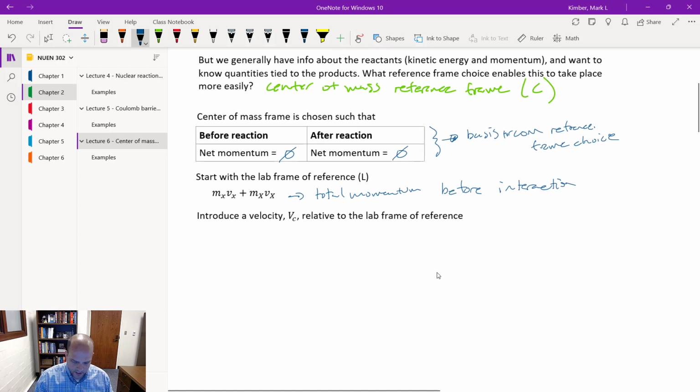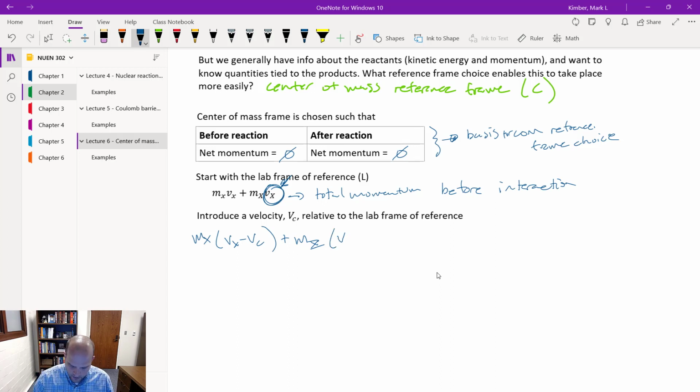So we have mx times Vx minus Vc, the relative velocity now since I'm in a different frame of reference, plus the same thing for my target. For everything we've done so far, we've assumed this quantity to be 0, and we will go back to that later in the lecture. But for now, let's make this more generalized and have that be non-zero.